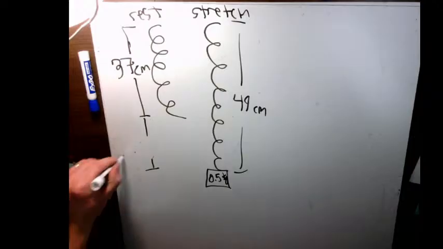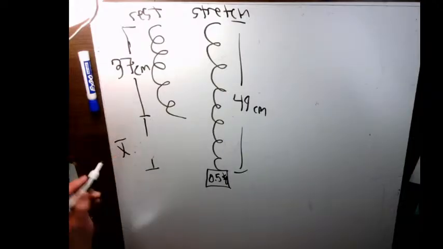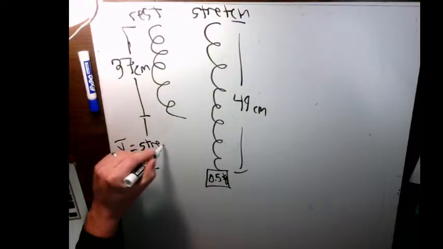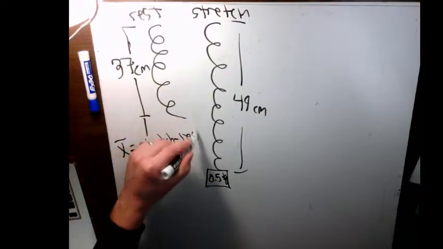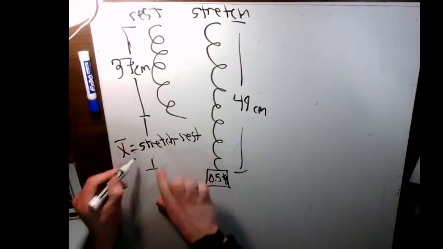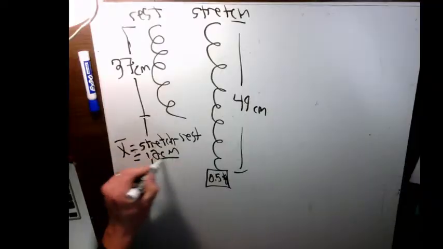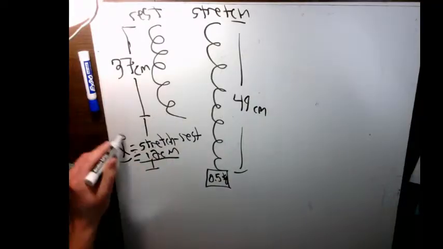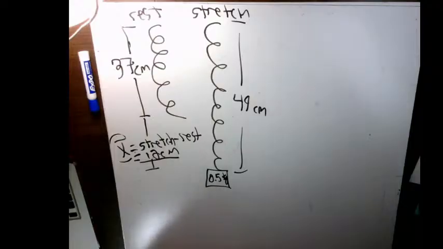So our x is equal to our stretch minus rest, which in this case is equal to 12 centimeters. So you're usually going to have to calculate this x value. All right, so we've got our measurements down.